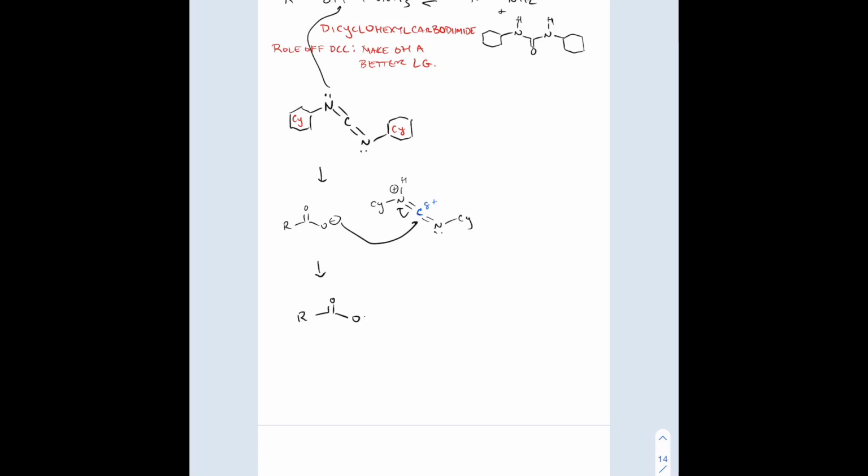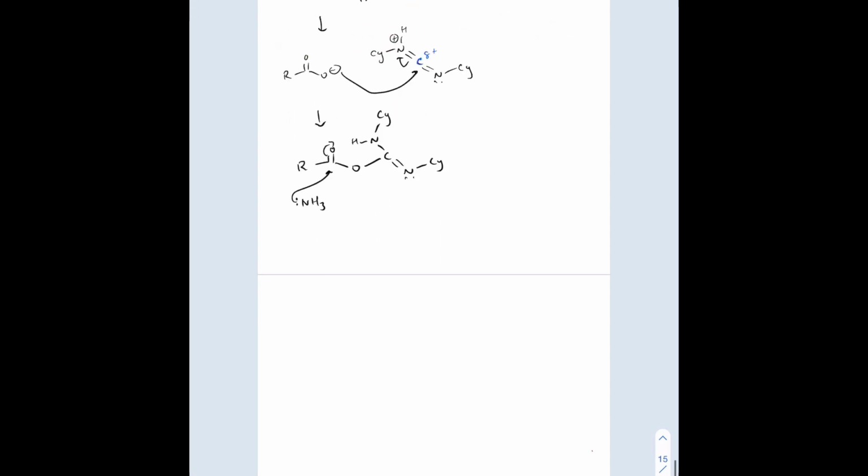It's very electrophilic because it's nestled in between those 2 nitrogens, and it's susceptible to nucleophilic attack by the carboxylate, which is what happens, and that neutralizes the nitrogen, resulting in this intermediate here. Now we have something that's no longer an OH group, so we have this oxygen with this large group hanging off of it that is a much better leaving group.